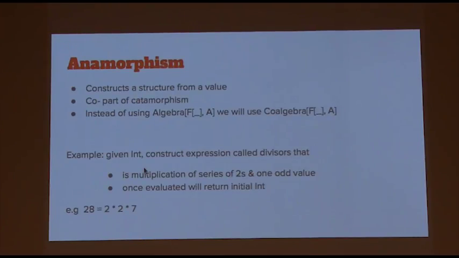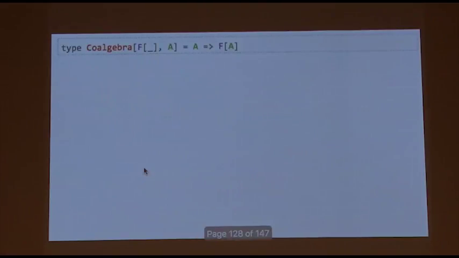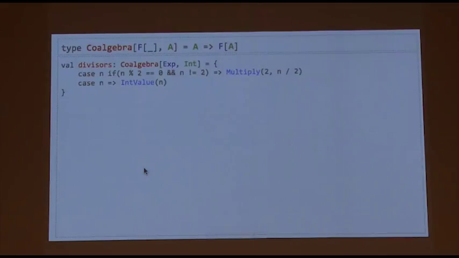But this time, instead of implementing algebra, which you remember went from expression to value, we have to implement its dual called co-algebra. So it's the other way around. It takes a value and gives you an expression. So very quickly, the co-algebra that we would write would look like this. Listen, if n is divisible by 2 and it's not 2, then just return multiply 2 and n divided by 2.